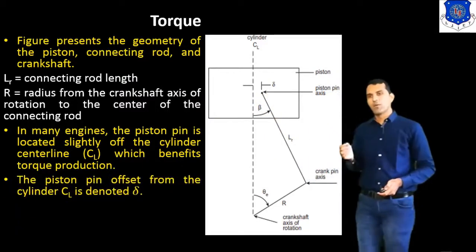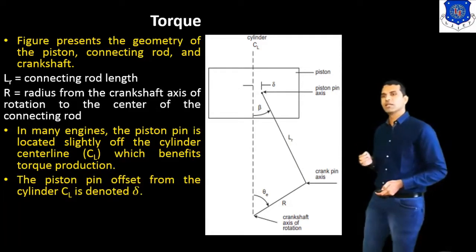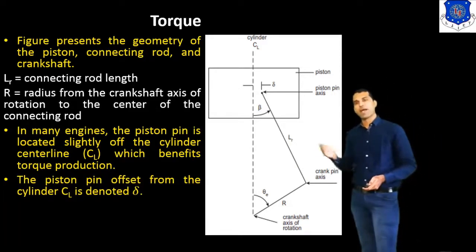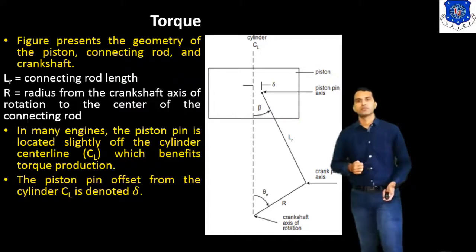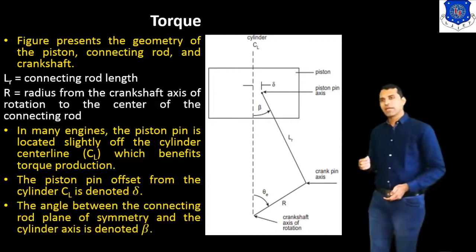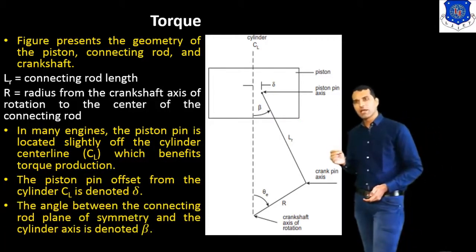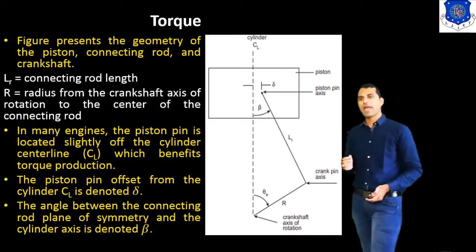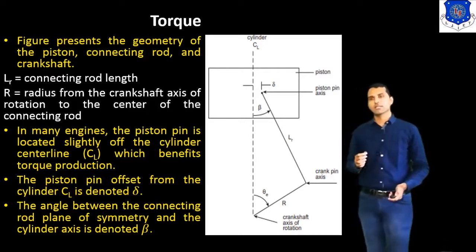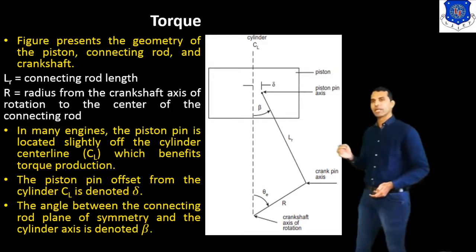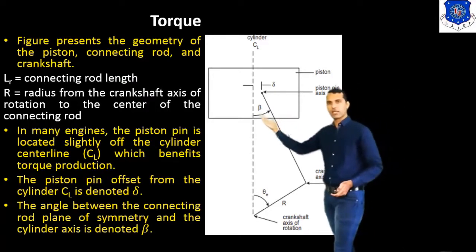The piston pin offset from the cylinder CL is denoted by delta. The angle between the connecting rod plane of symmetry and the cylinder axis is denoted by beta. So here this is the angle beta.